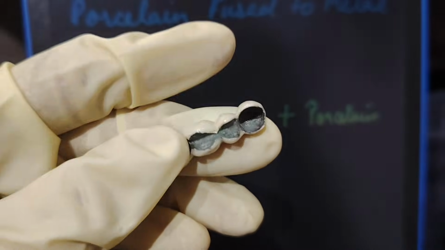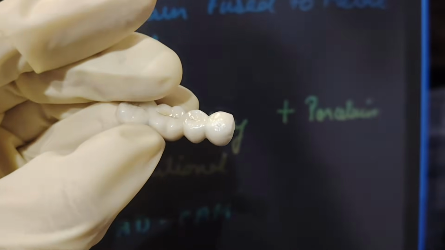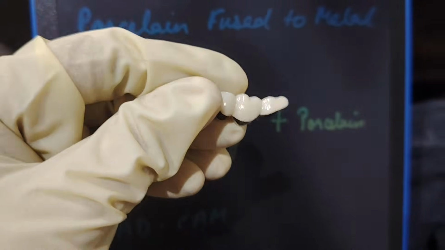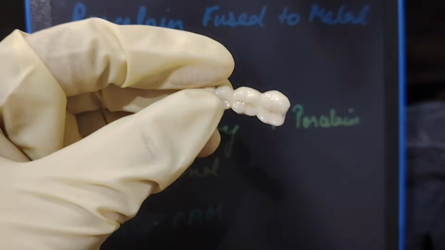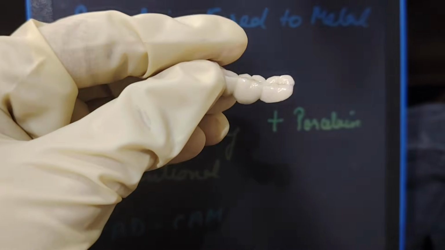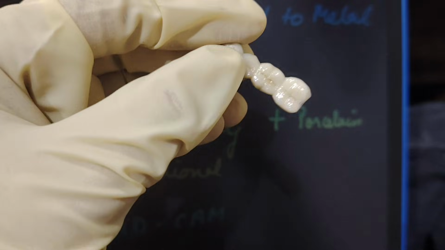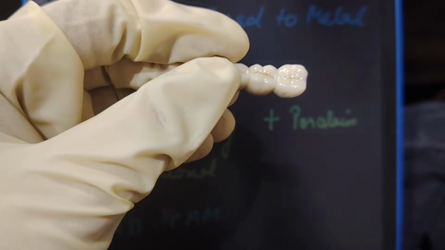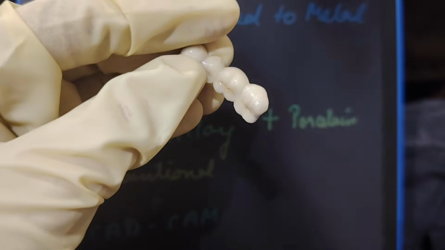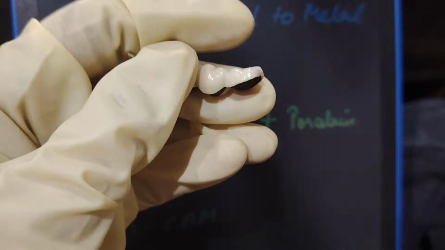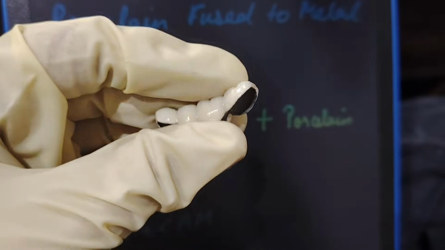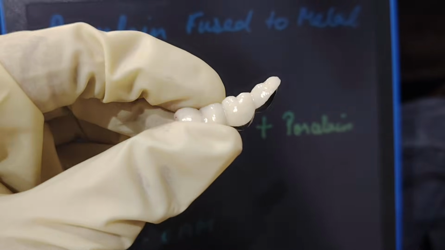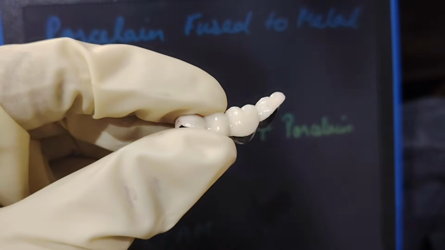It is very widely used, it is very cost effective, and it is also very aesthetic because the porcelain has a lot of shades, and when made properly it mimics your tooth naturally. It can be full covering porcelain or half, depending on the requirement of the patient.